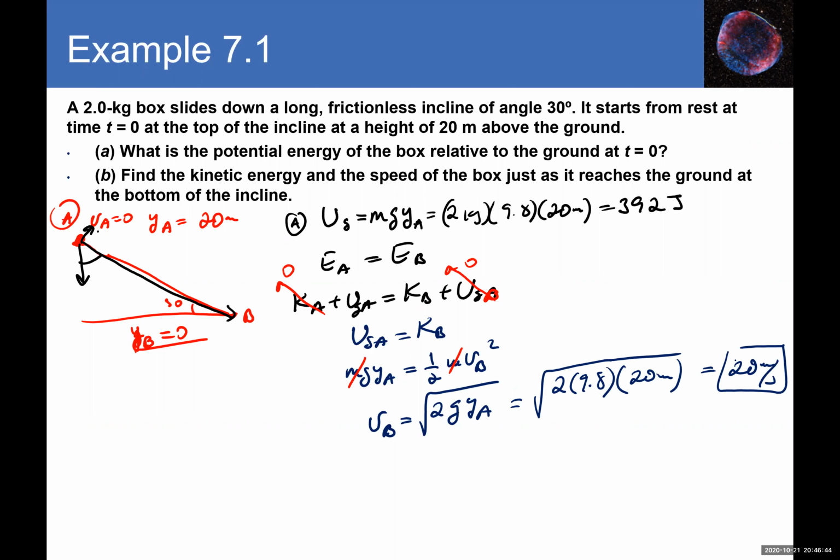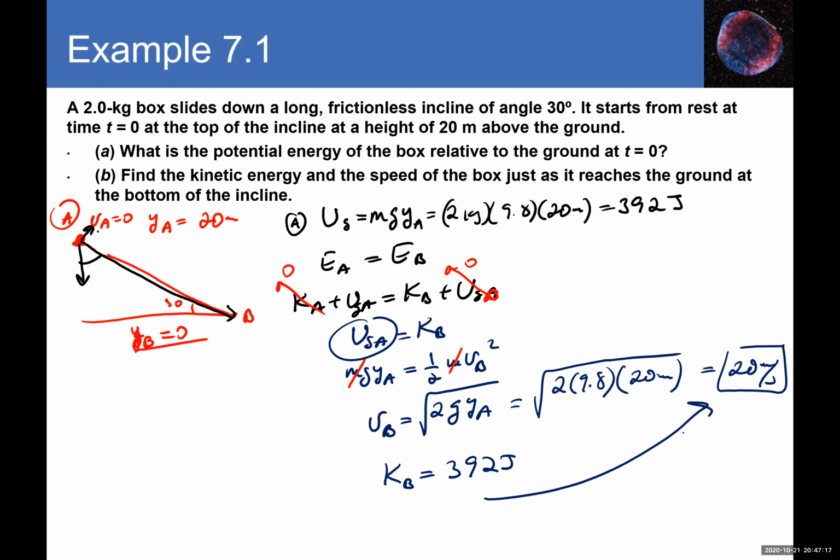Another way we could have done this is to say the kinetic energy at point B is equal to 392 joules because it equals the potential energy, and then use this to solve for the speed, but we would get exactly the same value. So we can see how easy it is to find the speed at point B. I didn't need to look at any type of acceleration, or draw a free body diagram, and find the acceleration using the components and things like that, and then use kinematics to find the speed.